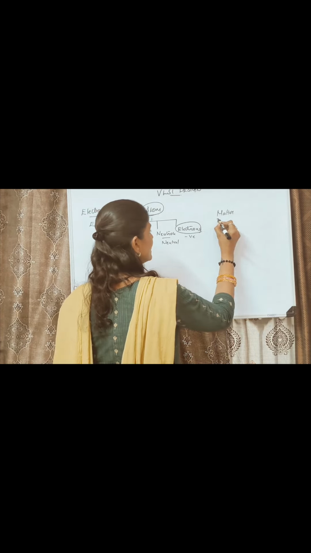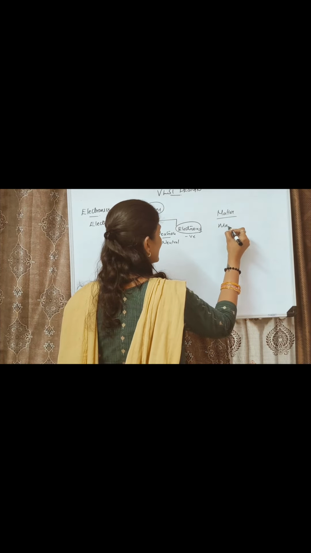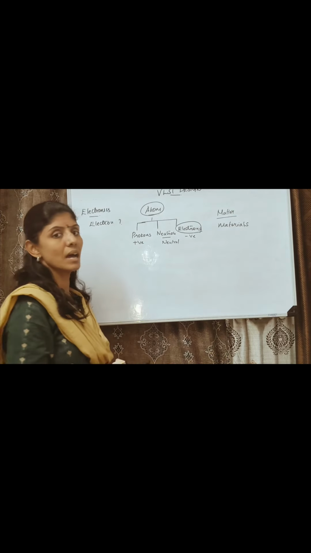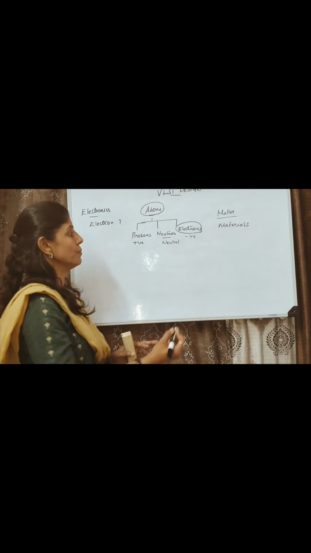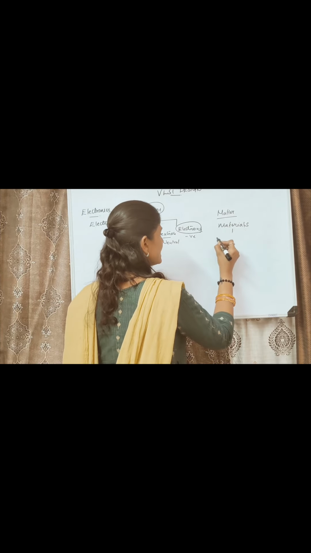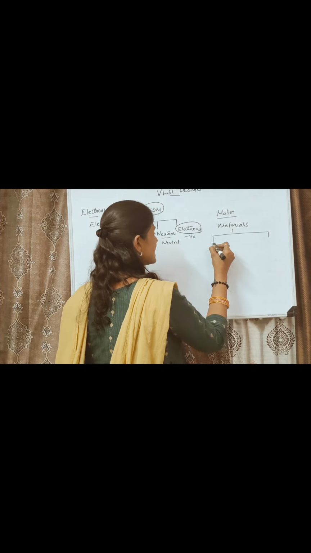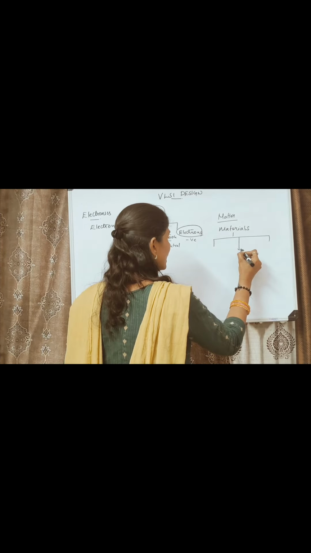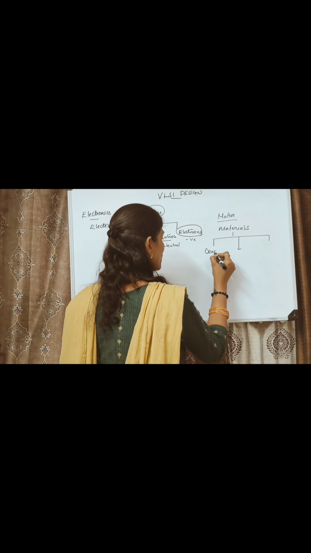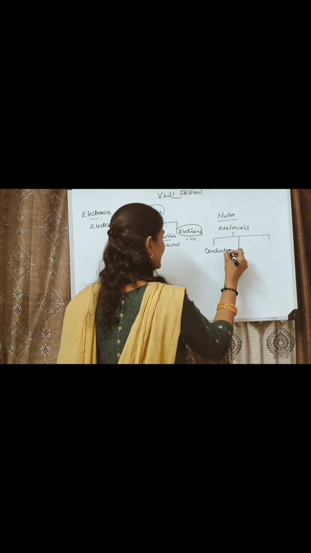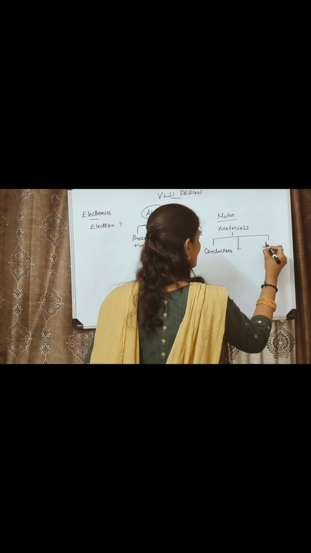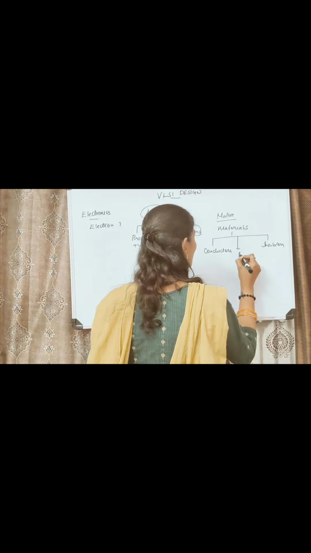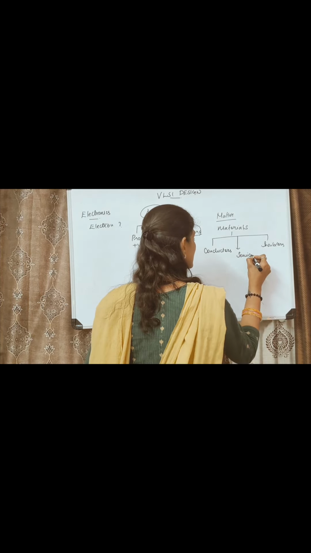This matter we can consider as materials. If we consider the material, again this material is broadly classified into three types: one is a conductor, another is an insulator, and another is a semiconductor.